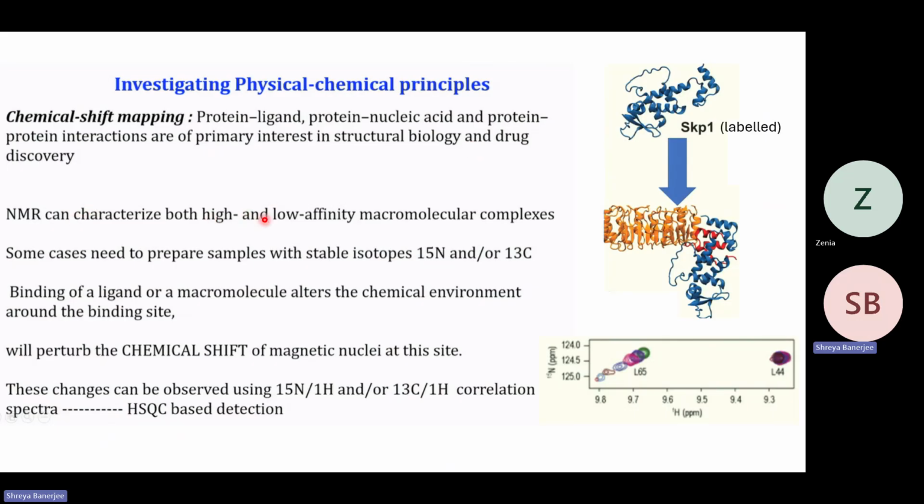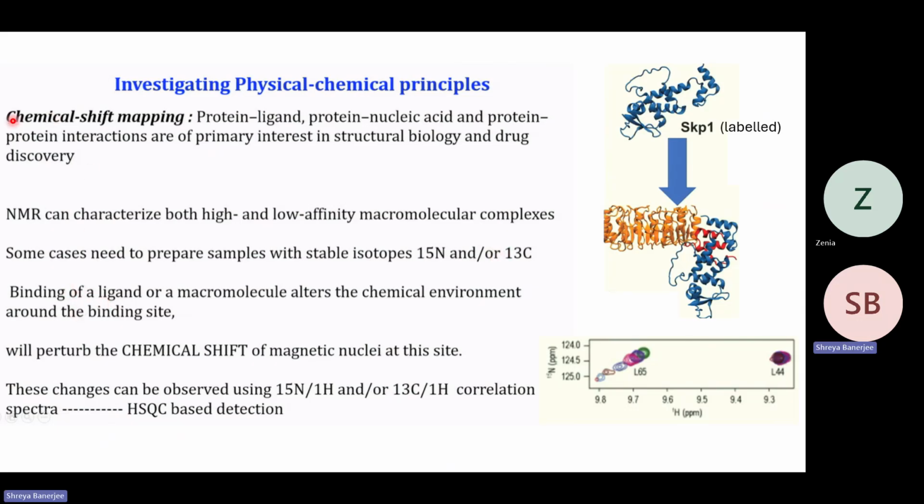NMR can characterize both high and low affinity macromolecular complexes, and that is an advantage: from nanomolar to millimolar, NMR can characterize all the affinities. In some cases, you might need to prepare samples with stable 15N or 13C isotopes.